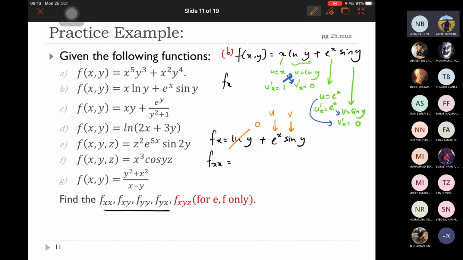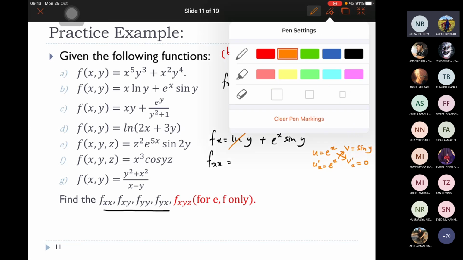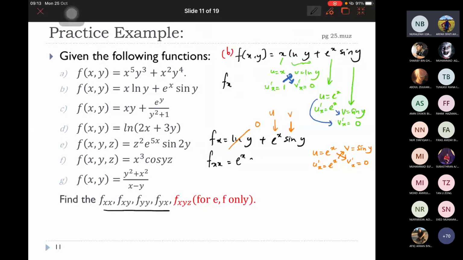So u sama dengan exponential x, u prime x equal to exponential x, v equal to sin y, v prime x equal to 0. So darab silang. The answer will be exponential x sin y. So dapat, that is your fxx.